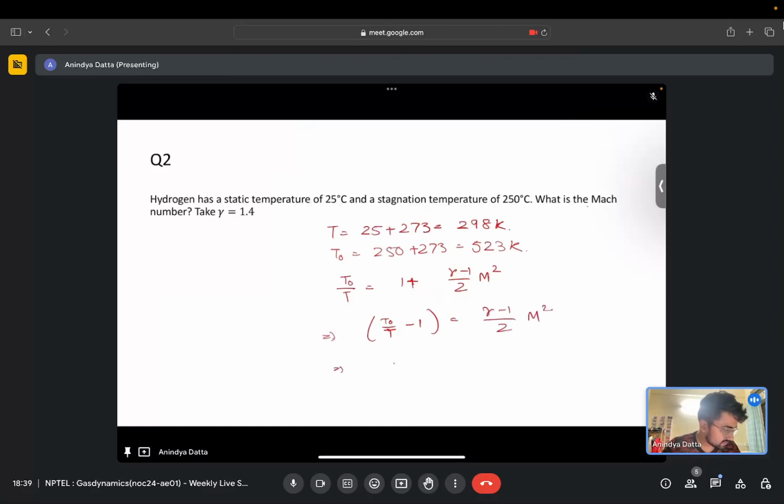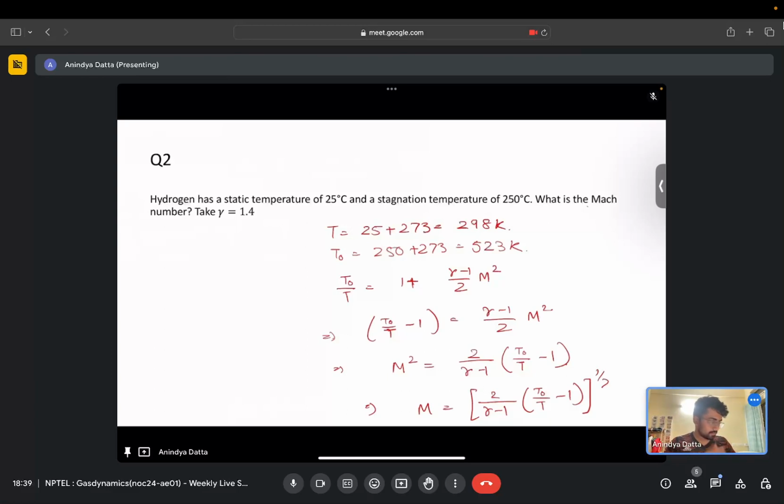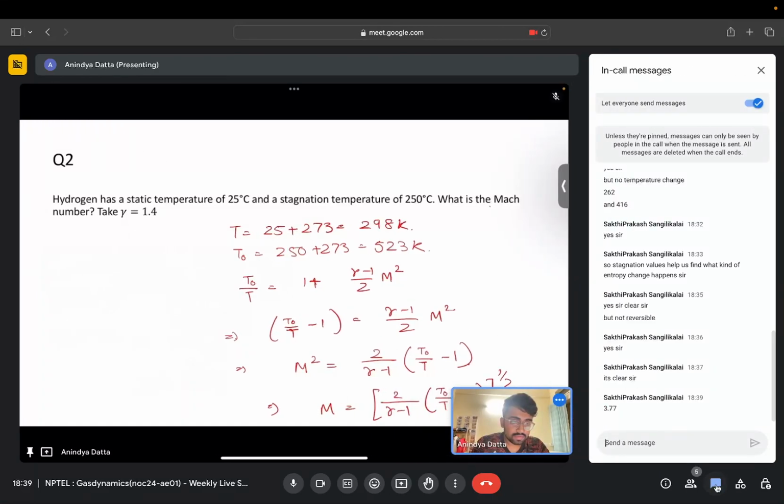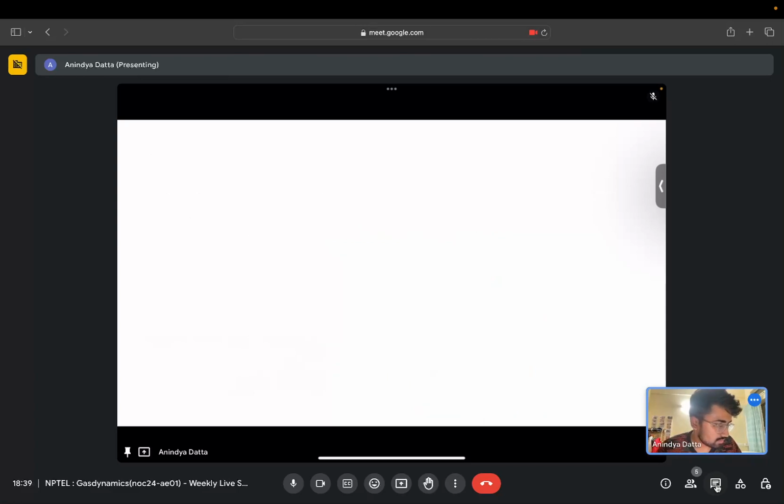So M square equals 2 by gamma minus 1 times T0 by T minus 1. So M is basically the square root of this thing. You have to take the square root of this. So M is equal to, yes, you will get 1.94.